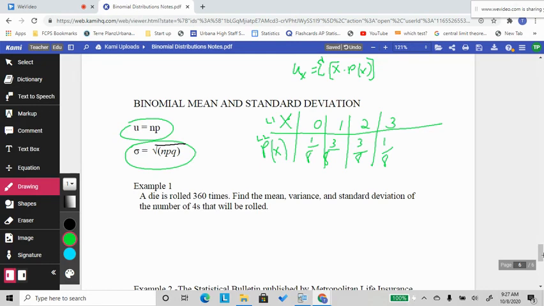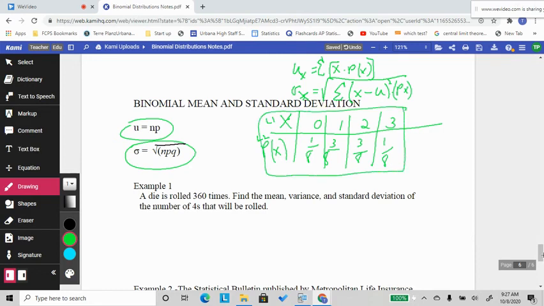That's a long way. Then the standard deviation, if you remember, big square root in the end, you took your x's minus the mean squared times the probabilities. This is a lesson from the other day. Sum them up and then square rooted. So this is how to do it the long way.